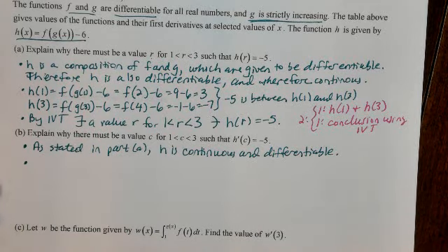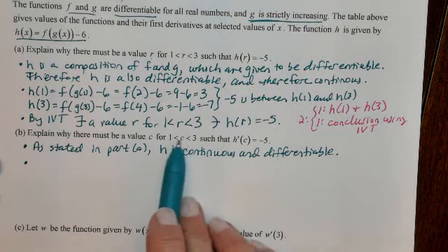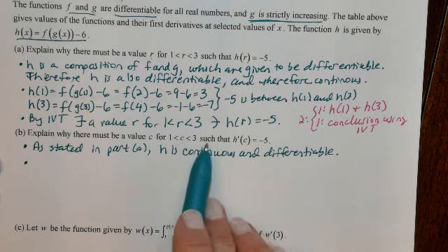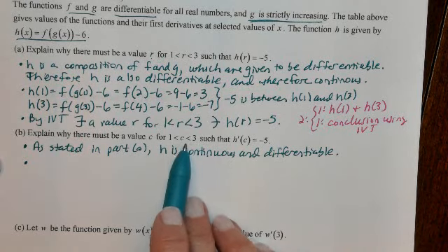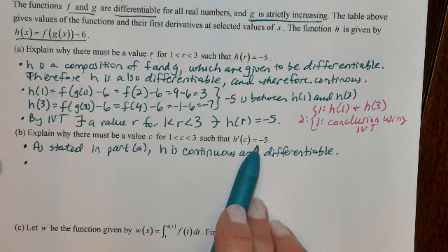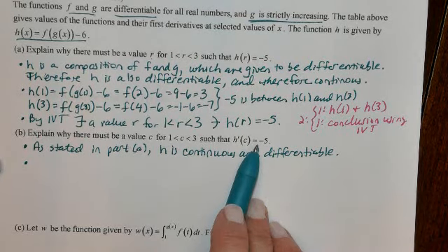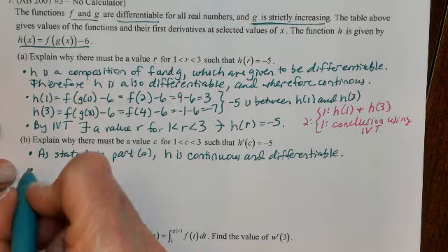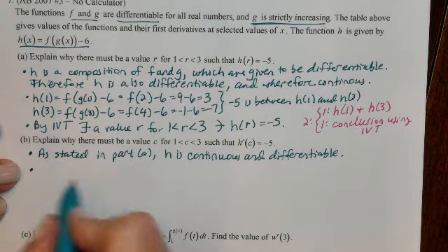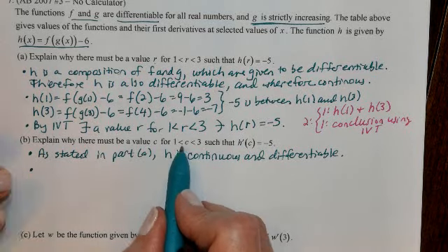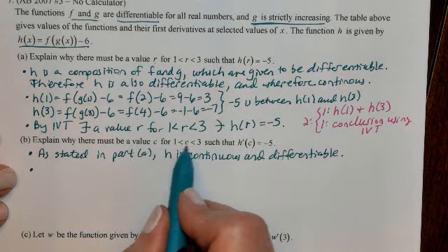Now I want to show that between 1 and 3, the average slope is -5. The average slope. So I need h of 3 and h of 1 again.